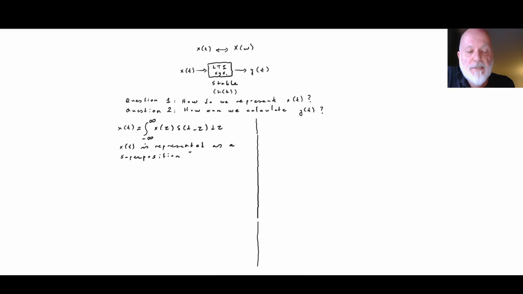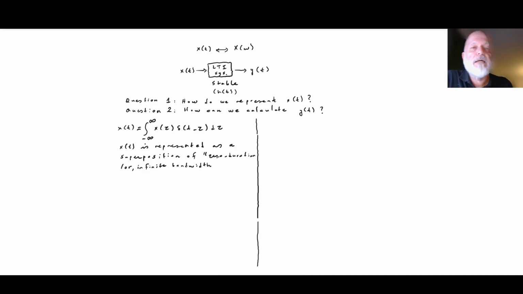So this point is very important: x of t is represented as a superposition of zero duration or infinite bandwidth shifted impulses.